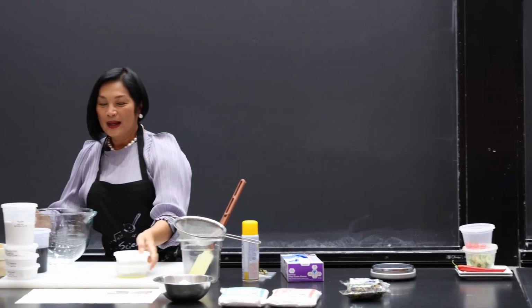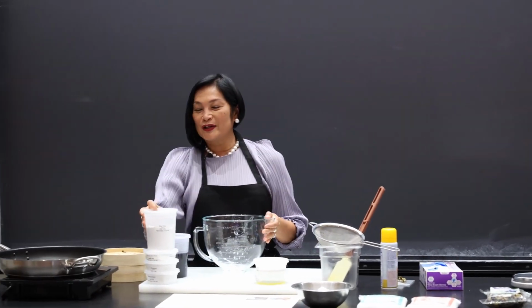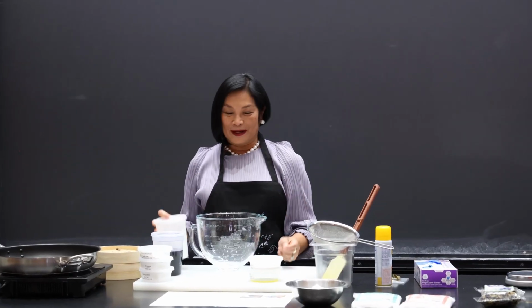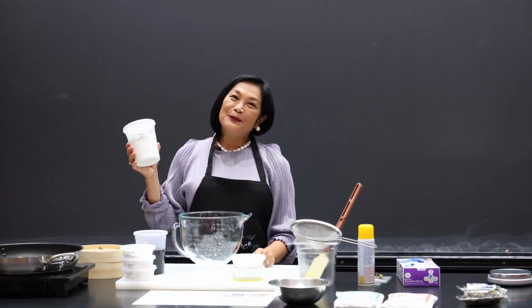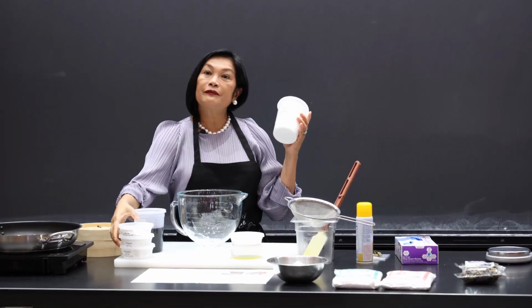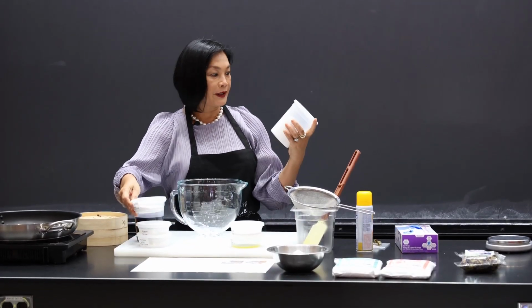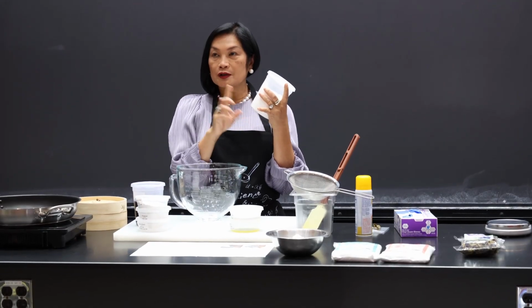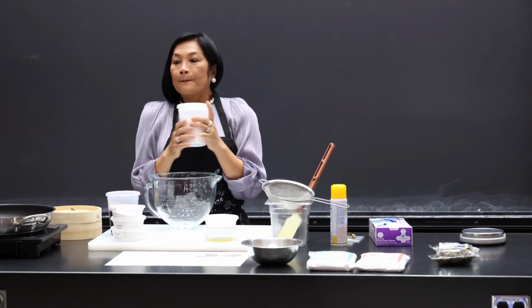Oh my God. I don't know whether this is a demonstration or stand up, but anyway, we're gonna have a lot of fun. So first of all, before we make the dumplings, we have 4 different kinds of flour. They're all gluten-free. Rice flour, arrowroot, tapioca starch, and glutinous rice.